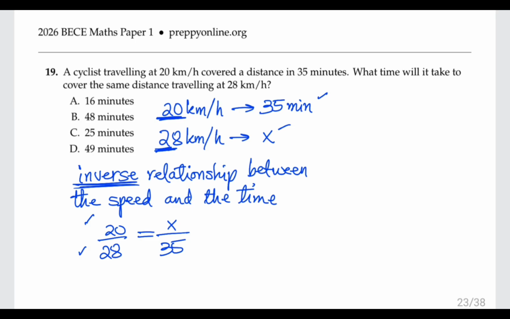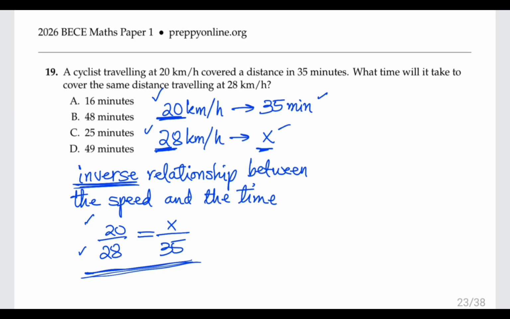But because of the inverse relationship, if you do 20 over 28, you have to do the reverse on the other side. So we are trying to find x in this equation, and when we do, that will be the amount of time he spends when traveling at that speed.